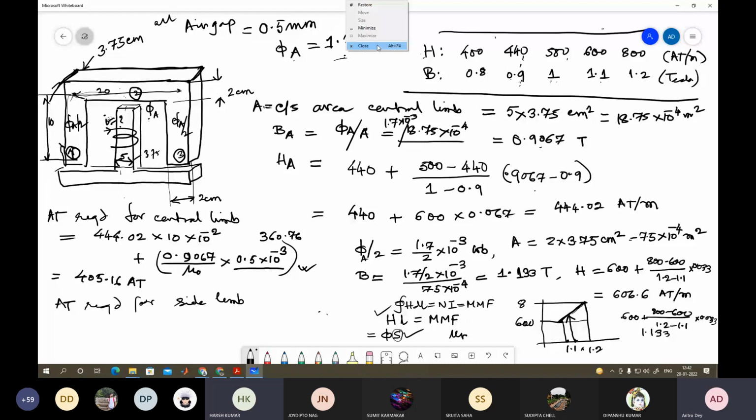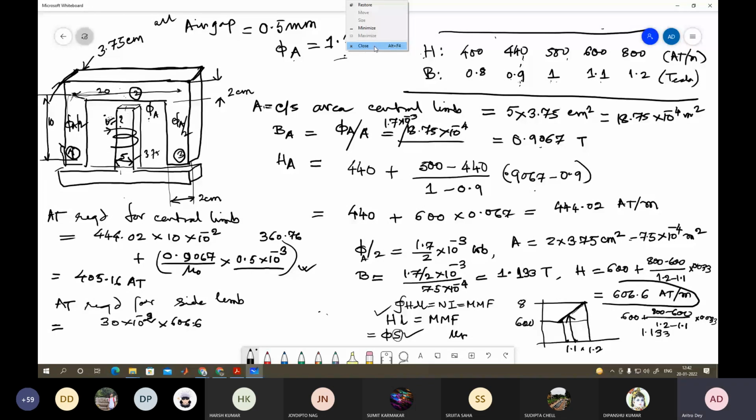Okay, so now for the side limb, let me calculate the AT required. That is 10 plus 10 plus 10, so 30 into 10 to the power minus 2, since it is centimeter, into 606.6, that is your AT per mm for the side limb.